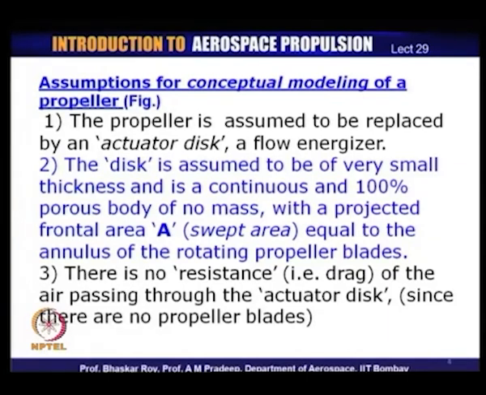The other physical property of the actuator disc is that it has no resistance. That means it is not offering any drag at all. So, the porosity of the body is absolutely 100%, and it offers no resistance or drag whatsoever to the air passing through this actuator disc.